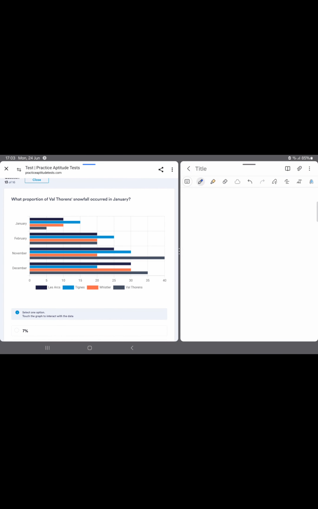Okay, so the next question says, what proportion of Val Thorens snowfall occurred in January? Okay, so then we can see Val Thorens is represented by gray, and for the total we'll just add all the months, which I'll represent by T. So for January we have 5, for February we have 20, then for November we have 40, then for December we have 35, and that gives us a total of 100.